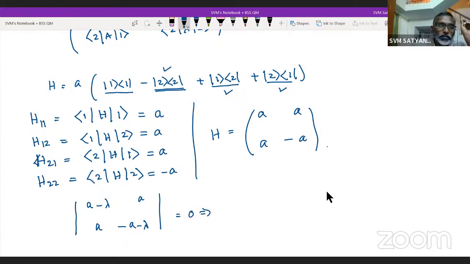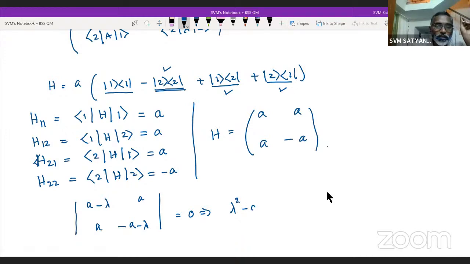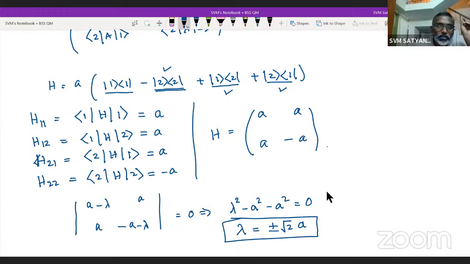So that implies minus (A square minus lambda square) minus A square is equal to 0, or lambda is equal to plus minus root 2 times A. So these are eigenvalues. Lambda 1 is equal to A root 2. Lambda 2 is equal to minus A root 2.